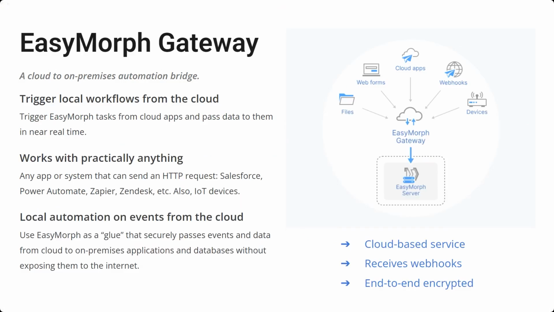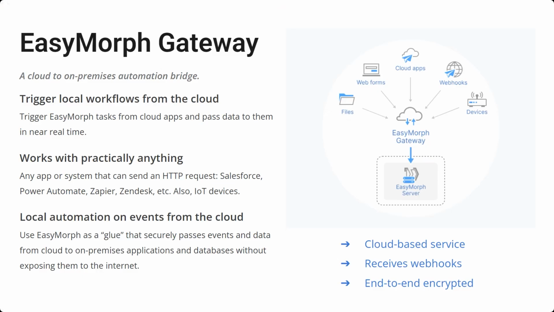EasyMorph is an on-premises application, but if you need to integrate with cloud applications and receive data from cloud applications in real time, trigger EasyMorph workflows in real time, then you can use EasyMorph Gateway. It allows integrating cloud applications with your EasyMorph server and building automations that span multiple systems, on-premises and cloud-based. You can build an automation that combines multiple applications into one workflow.